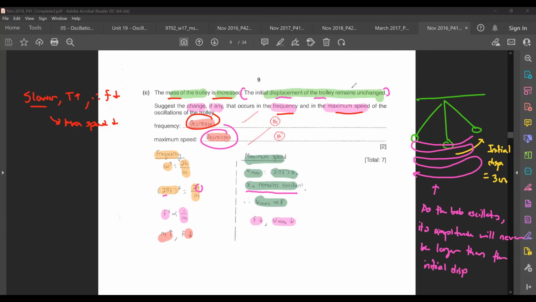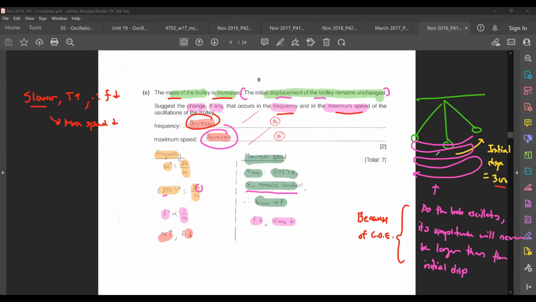This is because of conservation of energy. So if my displacement initially was 3 centimeter, I release the pendulum bob, the bob will just oscillate with a maximum amplitude of 3 centimeter. It will never ever exceed that value because of conservation of energy.